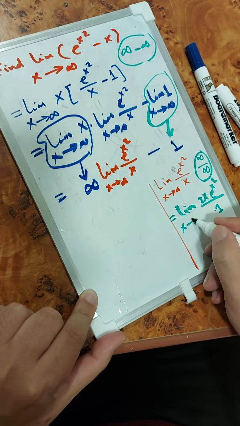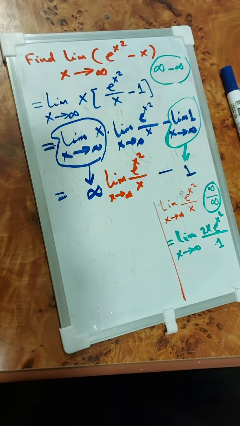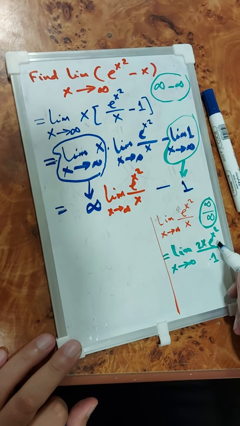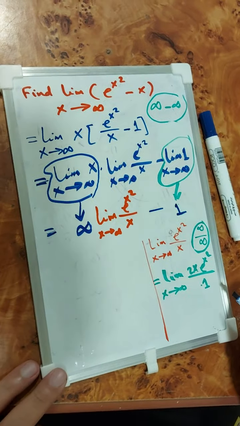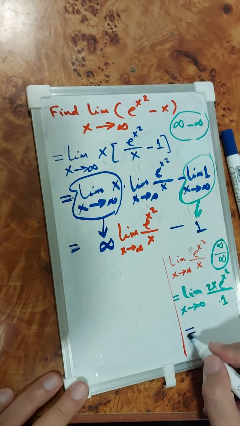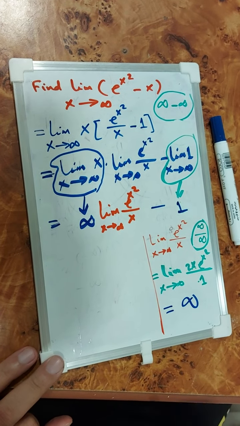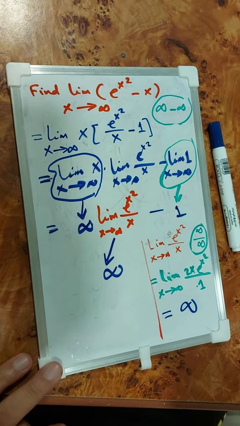Now we can easily solve this limit. The limit of 2x multiply e power x squared as x approaches infinity equals infinity multiply infinity, which equals infinity. So this limit also is infinity.